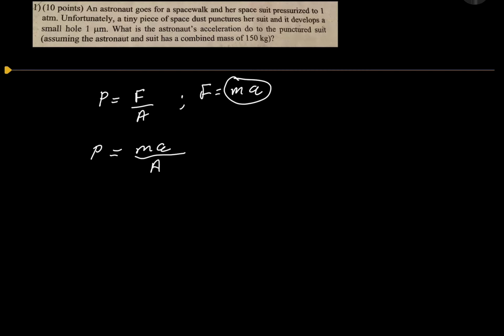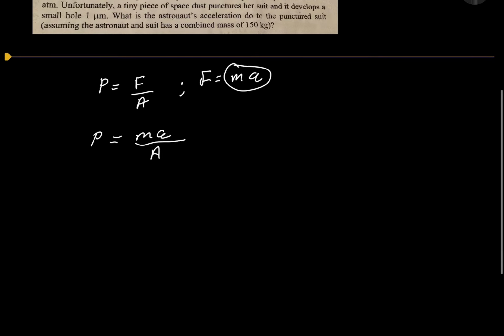And we can solve for acceleration right here, so let's go ahead and do that. So we solve for acceleration, and we have acceleration equals pressure times area over mass.